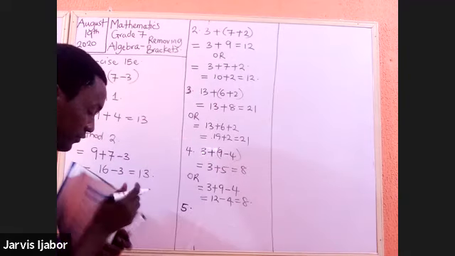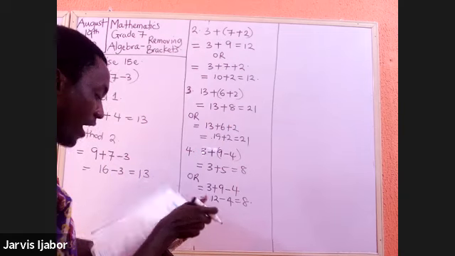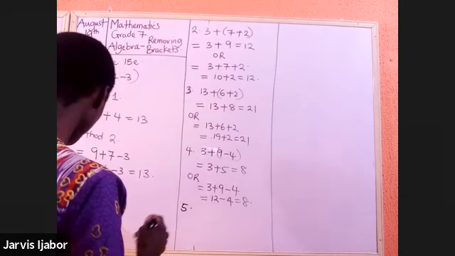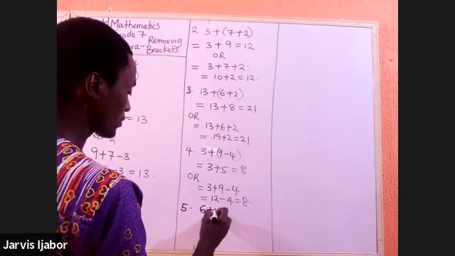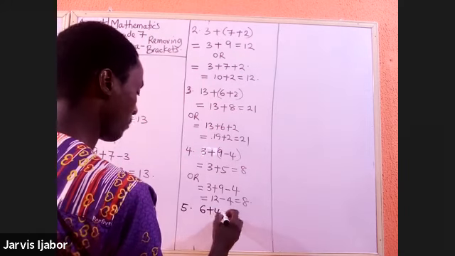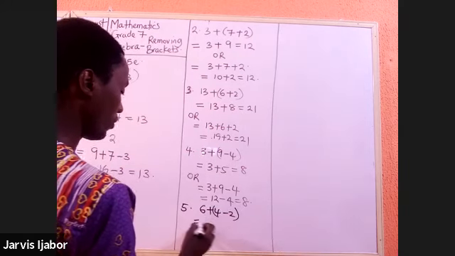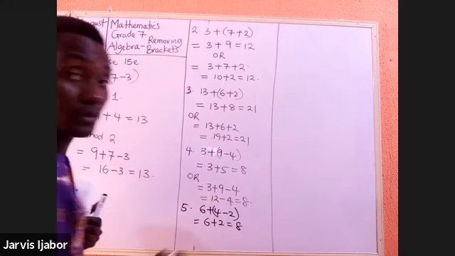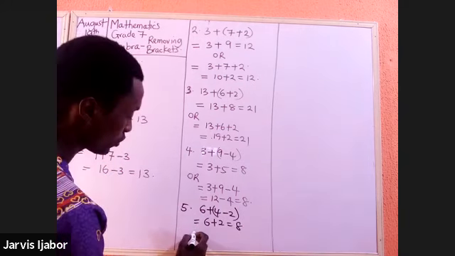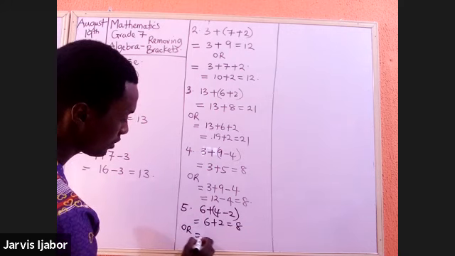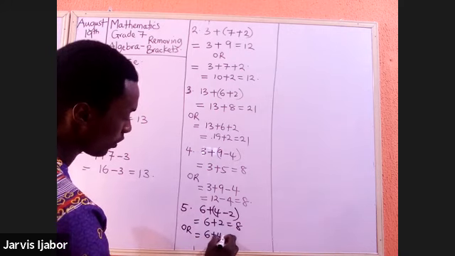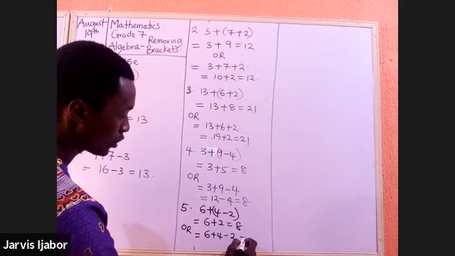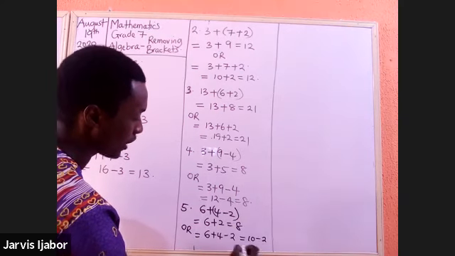Question 5. In question 5, you're going to have 6 plus, bracket, 4 minus 2. What will this give you? This will give you 6 plus 2, and that will be 8. Or 6 plus 4 minus 2, which will give me 10 minus 2, and that will also be 8.